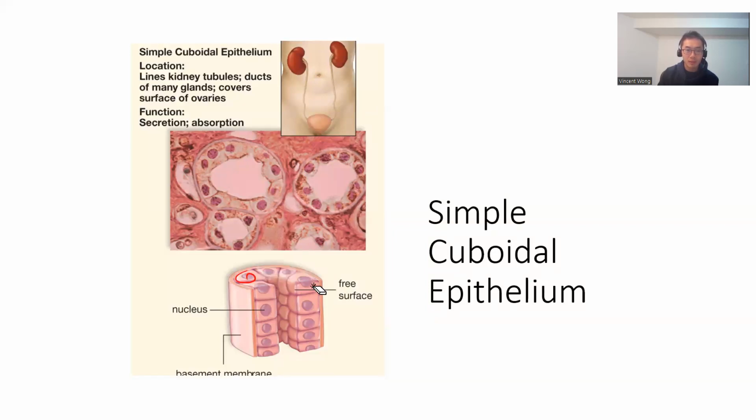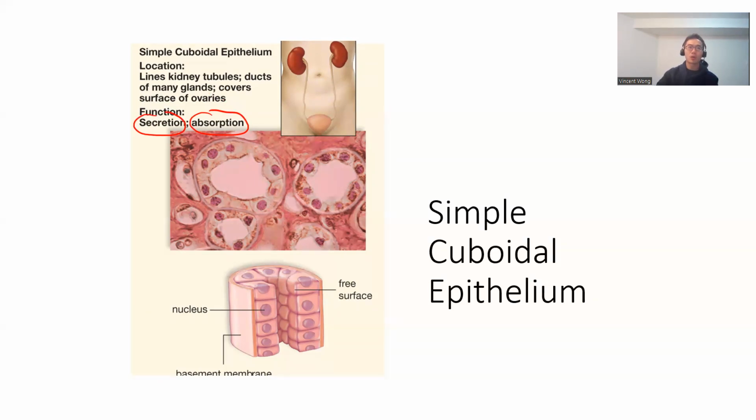All these cells basically form the surrounding structures of a tube, and they are important for secretion as well as absorption. Okay, this is particularly evident in the kidneys. You will learn again next semester that there are millions of microscopic tubes.